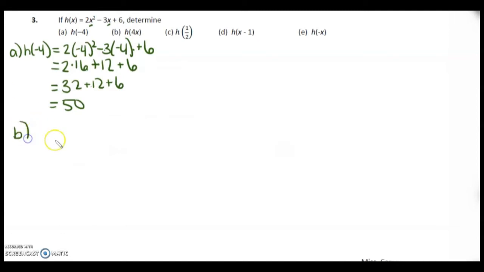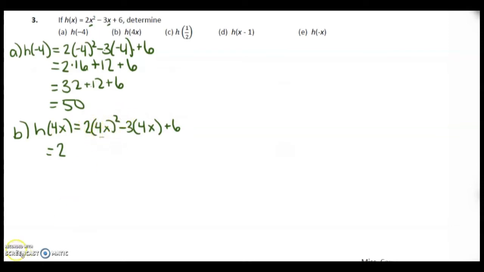Now we go on to B. H at 4x. So this is getting a little bit more spicy here. Okay, so 2 times 4x squared, and remember the 4x is in brackets, minus 3 times 4x plus 6. Okay, so it's going to be 2 times, well, what's 4x all squared?